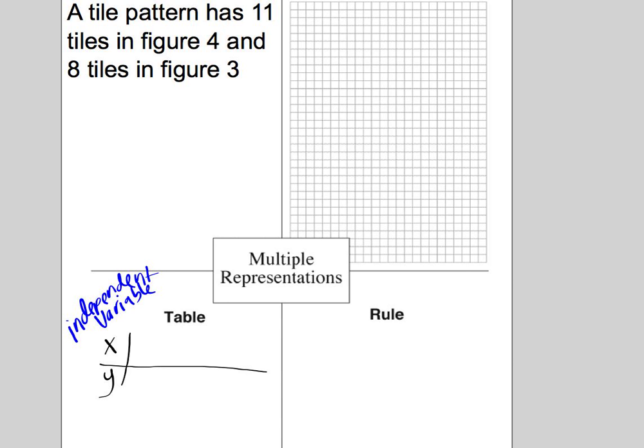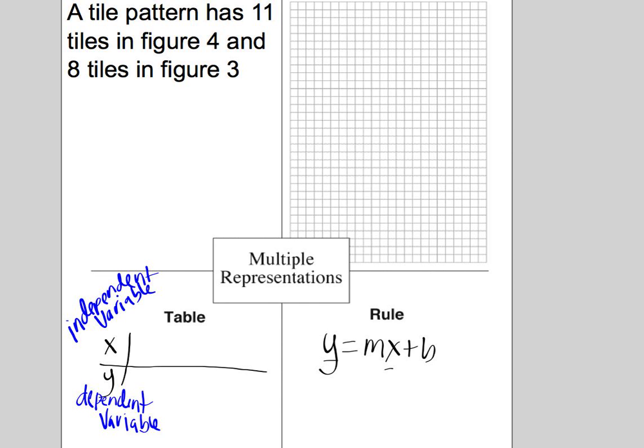Y is always the dependent variable. Y depends on X. So once I know X, I can find Y. And that shows up again in my rule. Remember, your rule is Y equals mx plus b. Y depends on X. X is in the rule to describe Y. And remember, we plug numbers in for X to find Y.